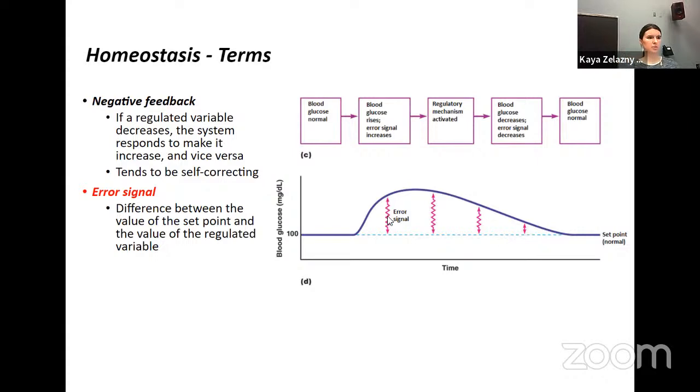It's really just, we're trying to self-correct, get back to that original value by pulling whatever it is in the opposite direction. The error signal is just that deviation, that difference between where we want to be and what we've noticed. So what our sensors have sensed, whether it's a temperature change, a pH change, whatever.